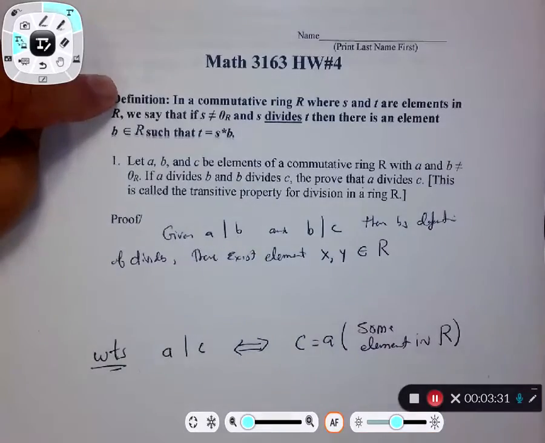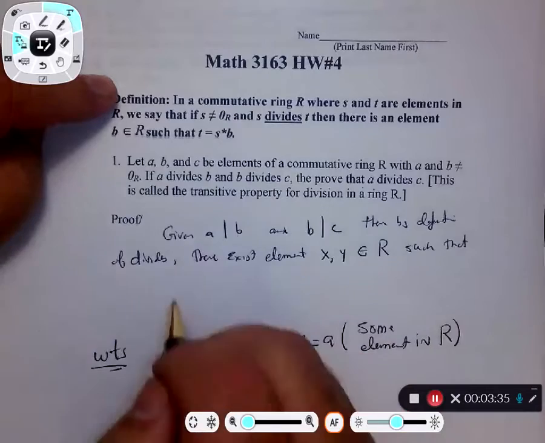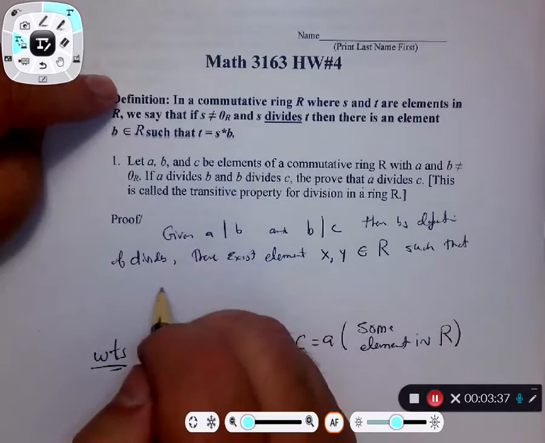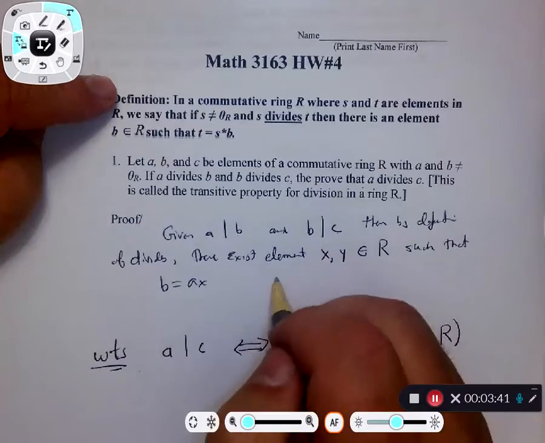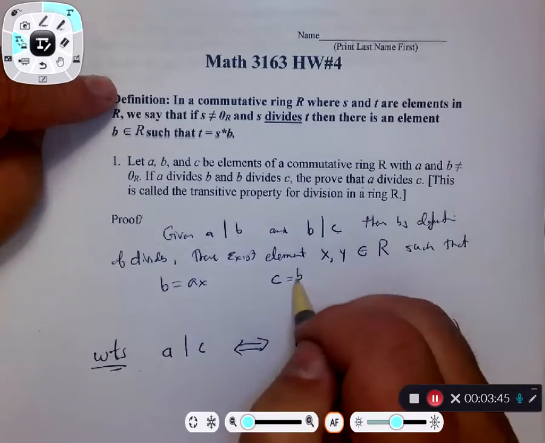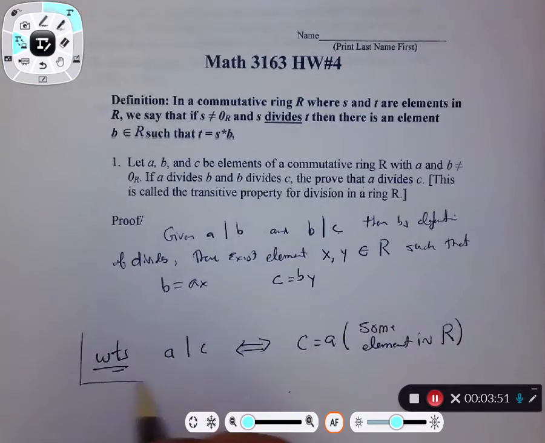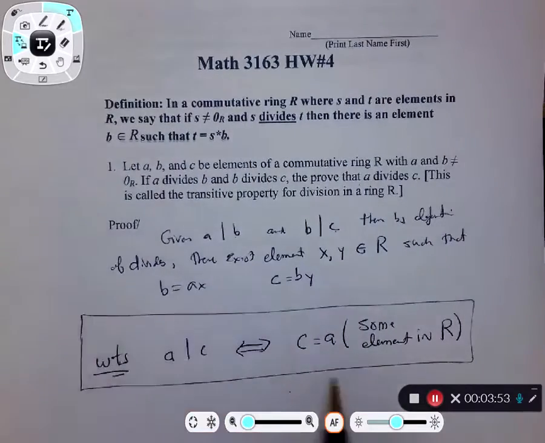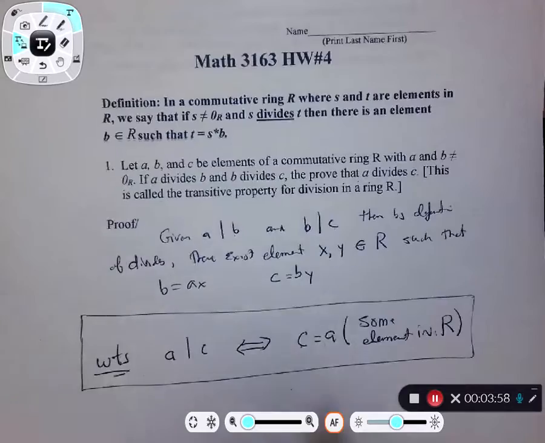It's a commutative ring, such that you can write yourself an equation. A divides B, B is bigger: B equals AX. And B divides C, C is bigger: C equals B times Y. So I want to show C equals A times some element in R, not integers.